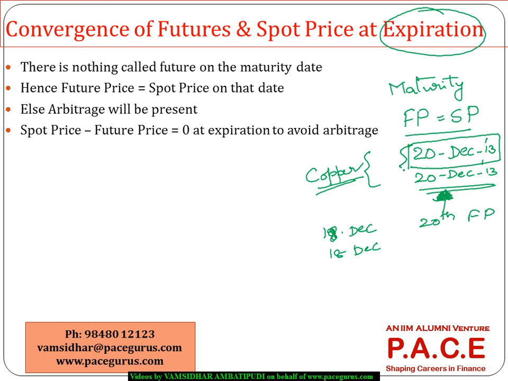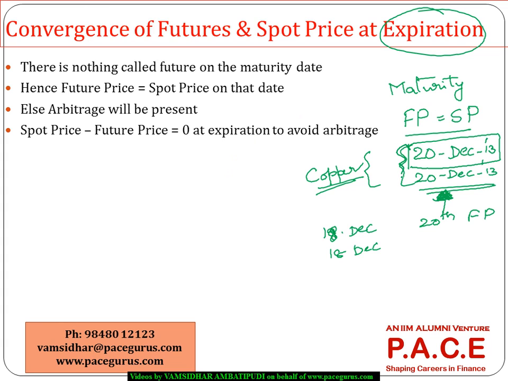Whereas when it is the same date, the delivery price, whether in the spot market or the futures market, should be the same. So the futures price should be the same as the spot price on the expiration date.